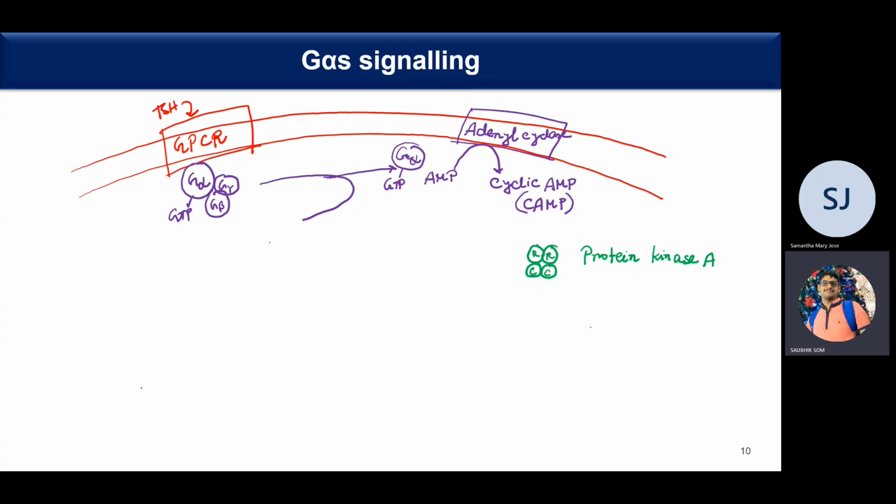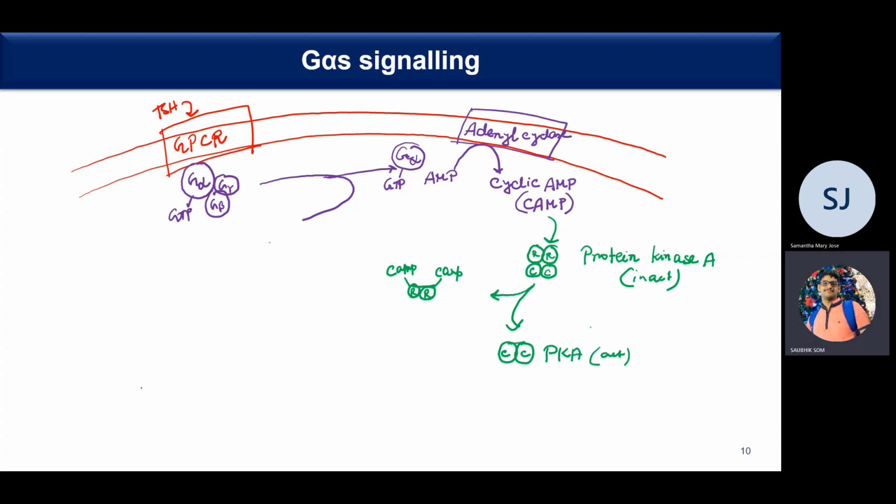The cyclic AMP goes and binds to protein kinase A by dissociating the regulatory subunits, the R complex, from the catalytic subunits. The activated protein kinase A is active.